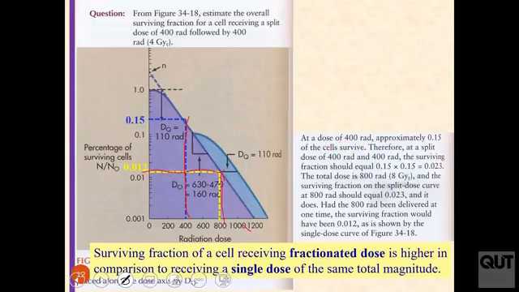But if we give 2 doses of 400, we'll get this shoulder again coming into play, and a higher survival rate here. To get that same survival rate, we can actually give much more dose. If you give 2 doses of 400, we'll get this survival rate here, so we'll get a difference between these two.